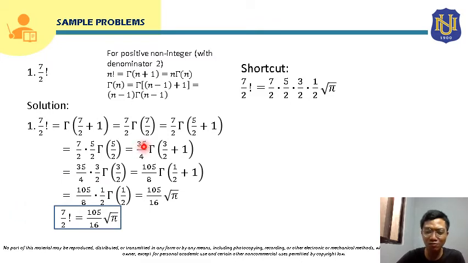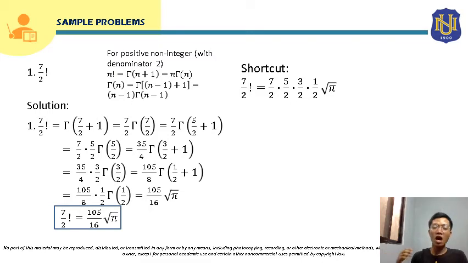Instead of showing all of this solution, we can just write that 7 over 2 factorial is equal to 7 halves, times 7 halves minus 1, which is 5 halves, times 5 halves minus 1, which is 3 halves, times 3 halves minus 1, which is 1 half, and then times square root of pi. That is the shortcut for this.